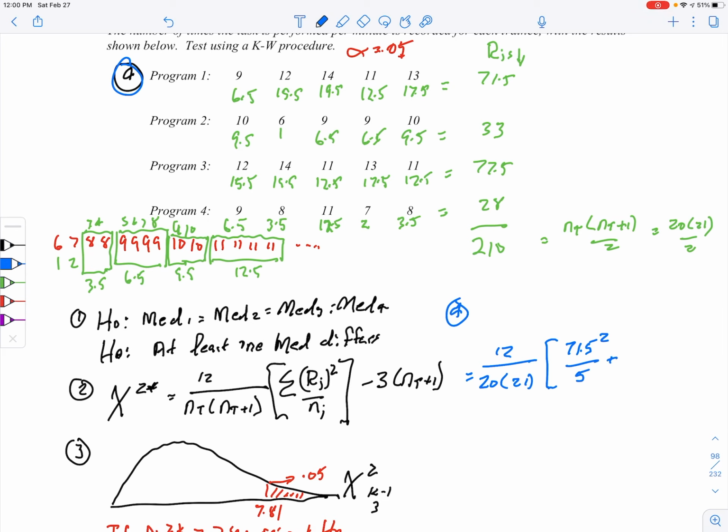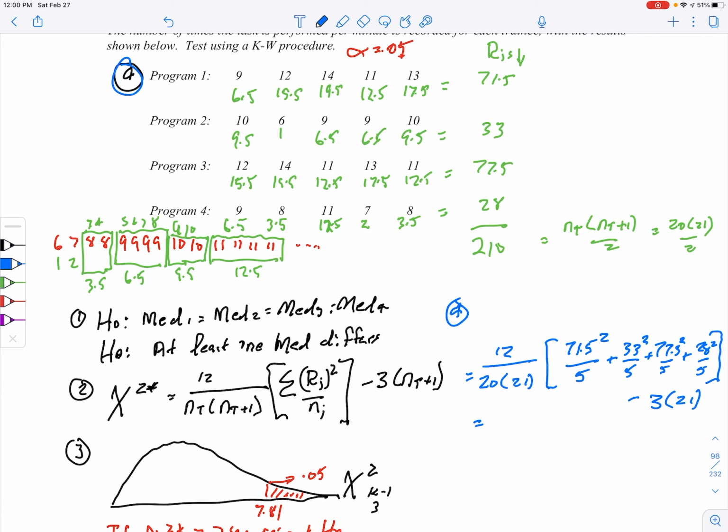And then we've got 33 squared over 5. I'm going to run out of room here. 77.5 squared over 5, and 28 squared over 5, and this is still part of the formula here, minus 3 times 21, so minus 3 times NT plus 1.